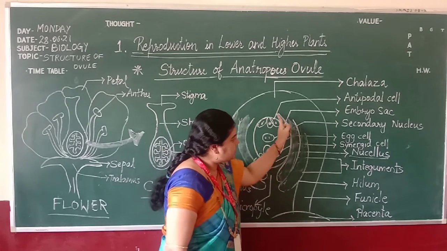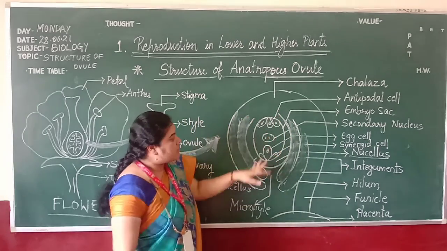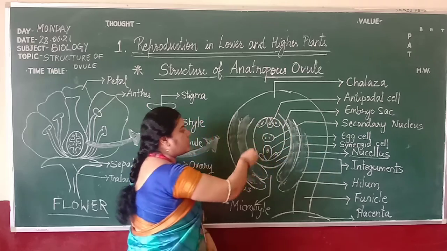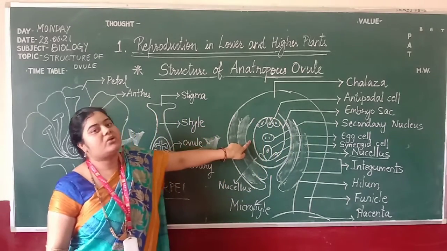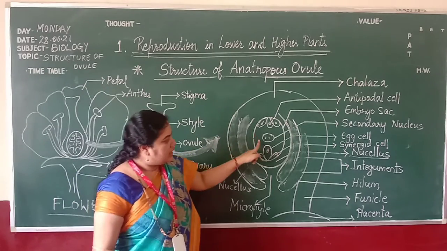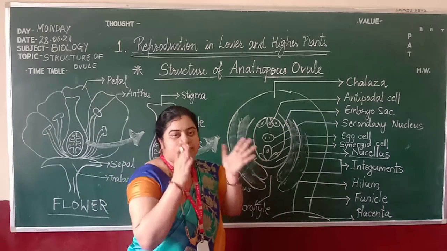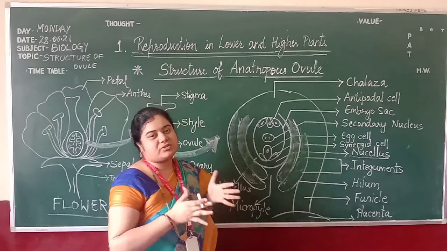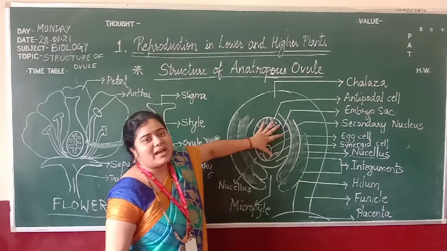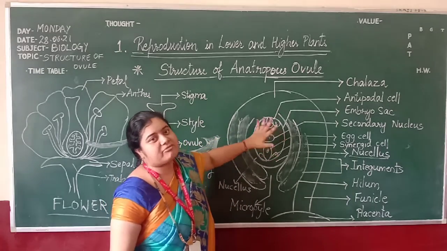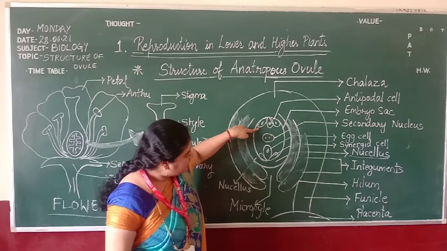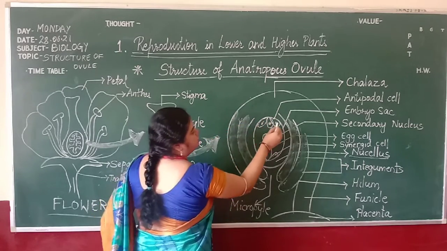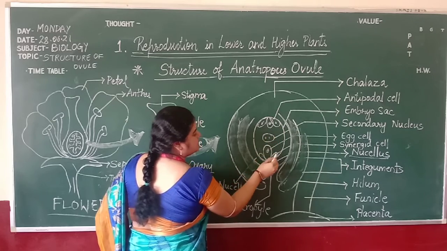Then the nucellus is present. Inside the nucellus there is one oval-shaped structure. You can see it in this diagram. This is the embryo sac, the main female gametophyte of the flower. Here we have all the cells required for sexual reproduction in plants. You can see 1, 2, 3, 4, 5, 6, 7.